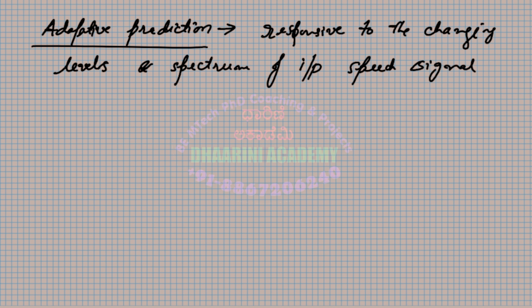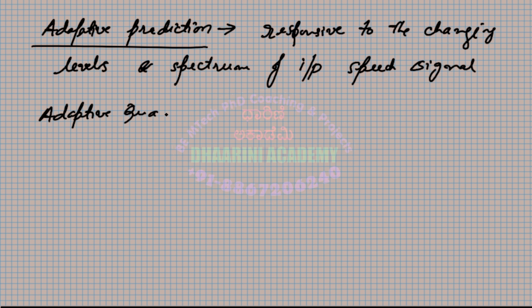This is what I'm supposed to find out. At the same time, what will be the adaptive quantization? In adaptive quantization, we want to use a quantizer that should be capable of operating with a time varying step size.